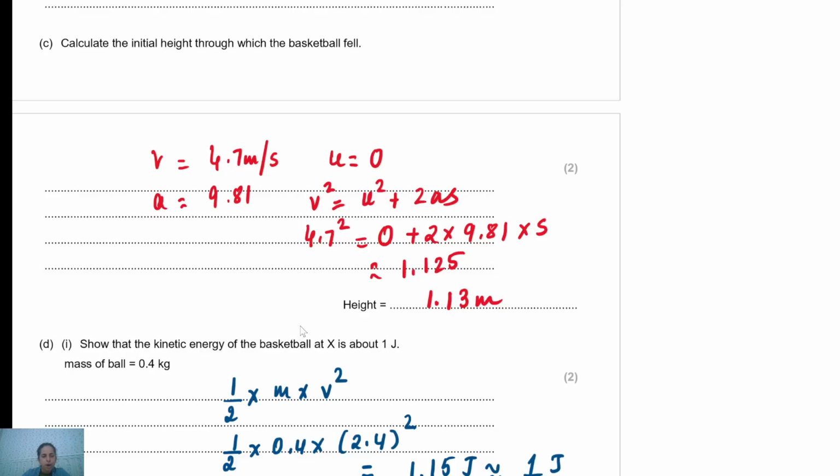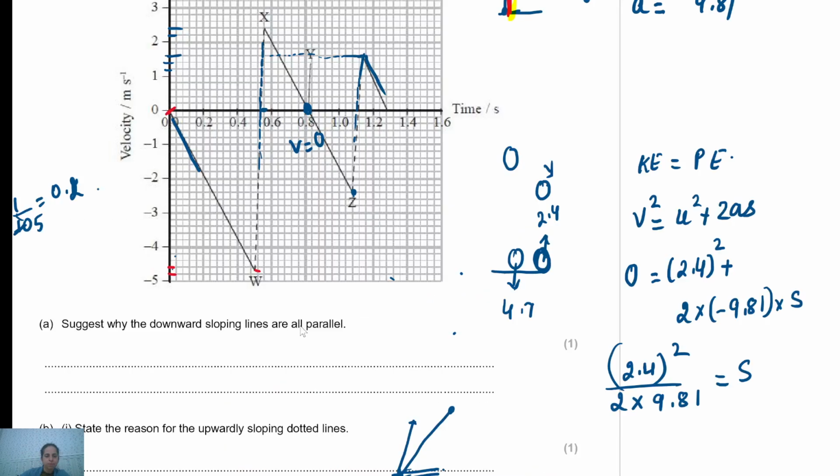On this impact, the velocity has changed from 4.7 to 2.4, and in the second impact it came down with 2.4 but went back up with, how much was that? Somewhere here, isn't it? That was 1.6.